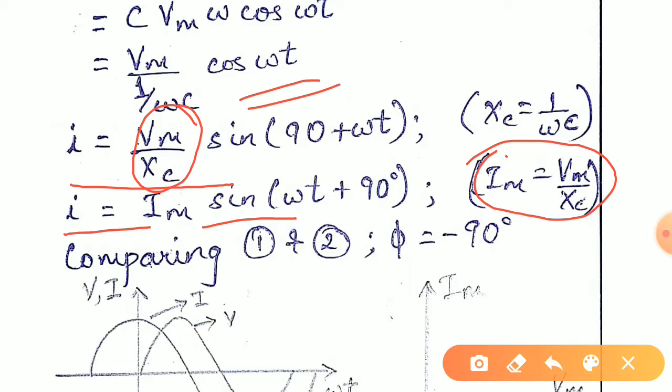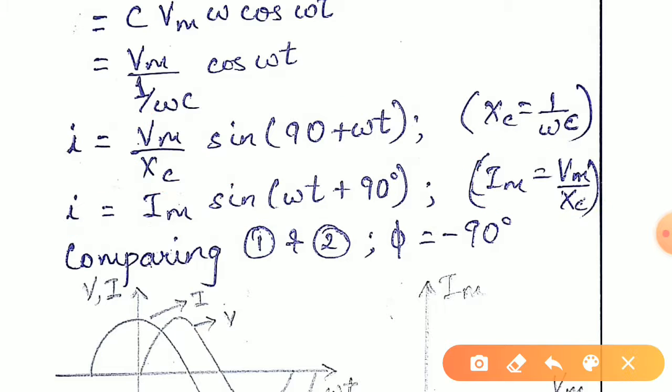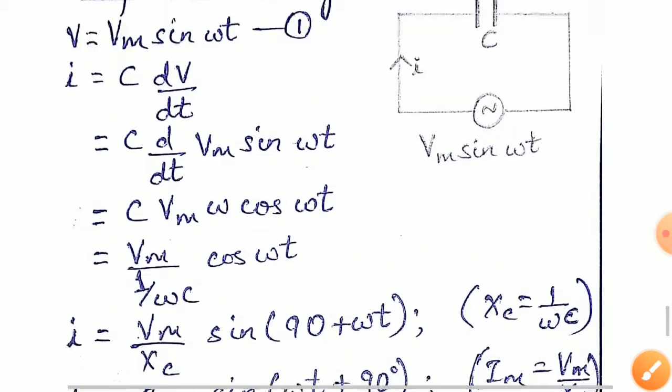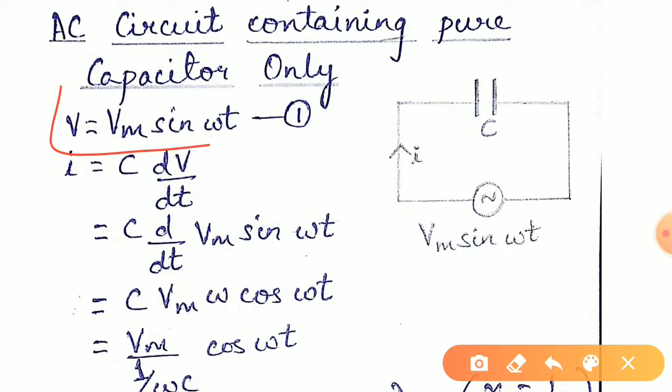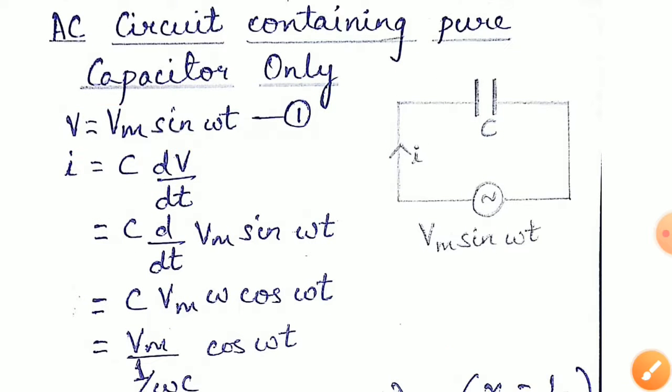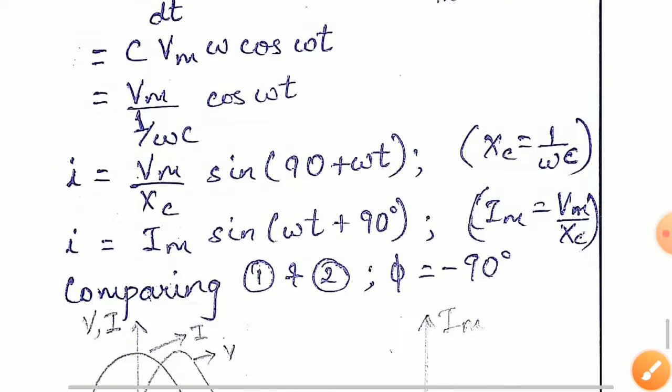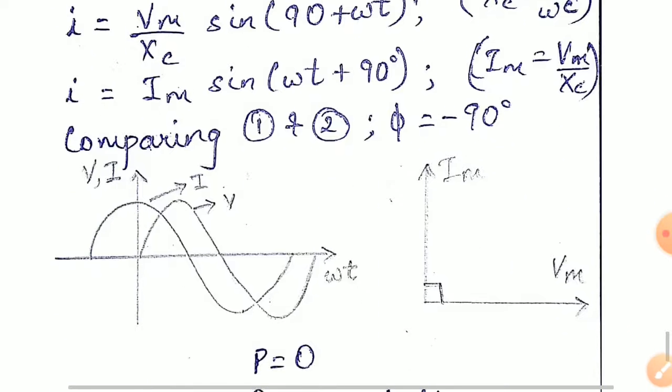Cos omega t we replace as sin of omega t plus 90 degrees. So when we compare this current equation with the voltage equation, we can see that there is a phase difference of 90 degrees in the circuit.